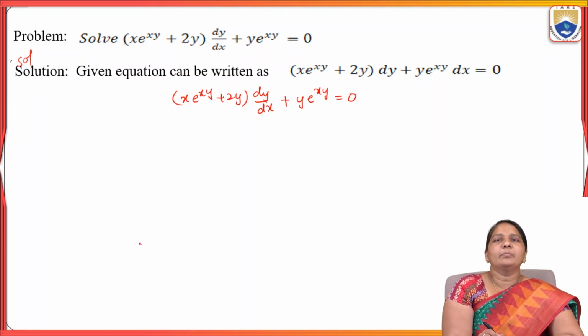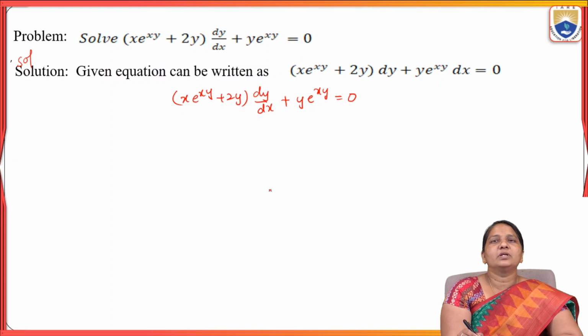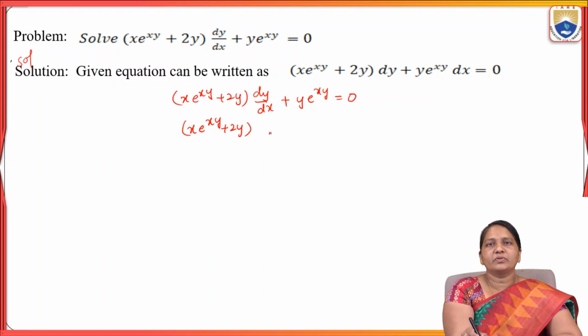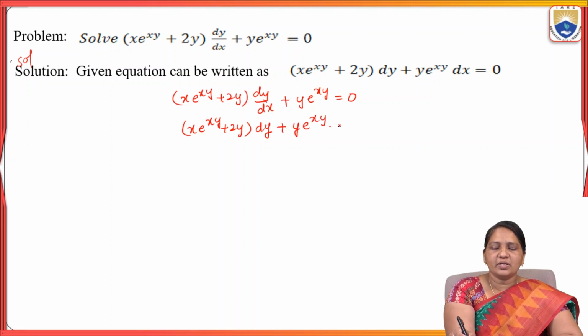Now I am multiplying with dx here, so dx will be cancelled, and I get only dy here: x into e power xy plus 2y into dy plus y into e power xy into dx is equal to 0.